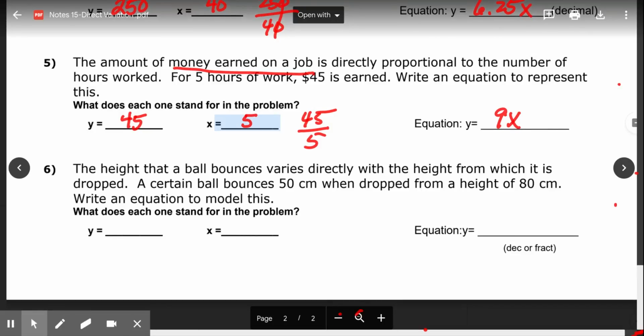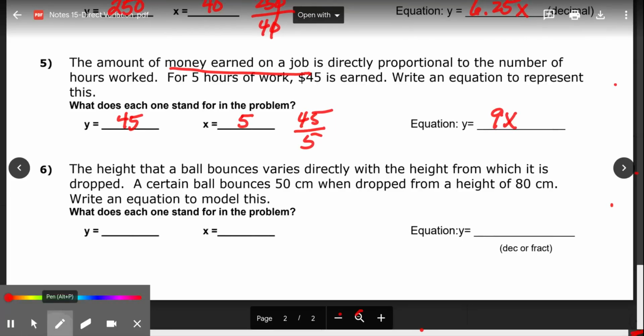All right, the last one we have here, number 6. The height that a ball bounces varies directly with the height from which it is dropped. So a certain ball bounces 50 centimeters. So you're going to put your 50 right here where the y is. And it's dropped from a height of 80. So again, it's still y over x.